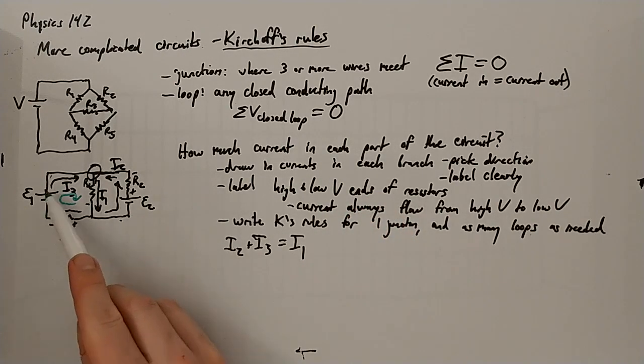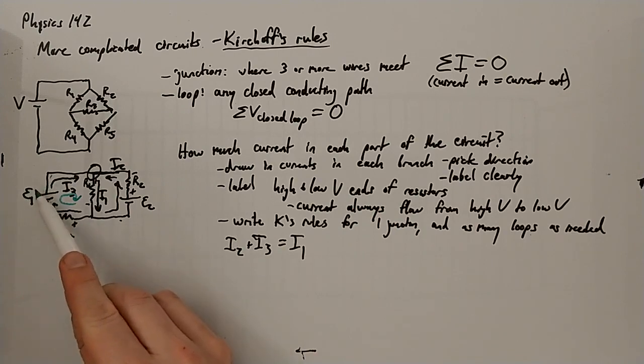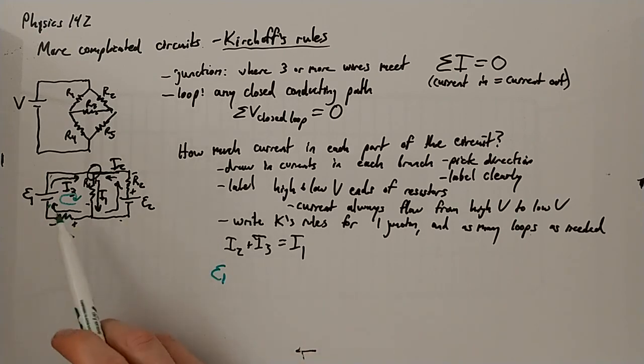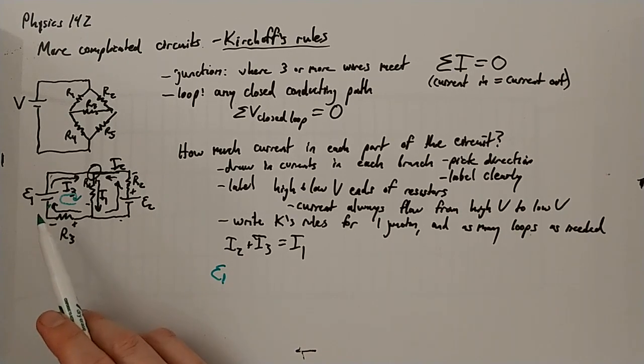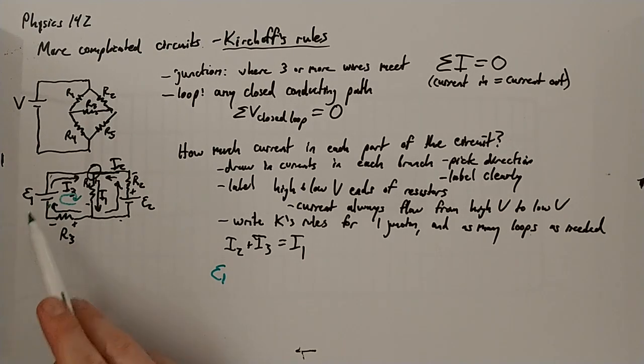So here, when I go across this power supply, I gain a potential epsilon 1. Remember, that's the symbol for EMF, this sort of curly E. And EMF and potential are the same for ideal circuits. So that's the amount of potential that I gain here.